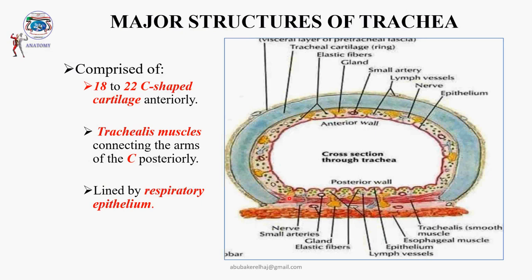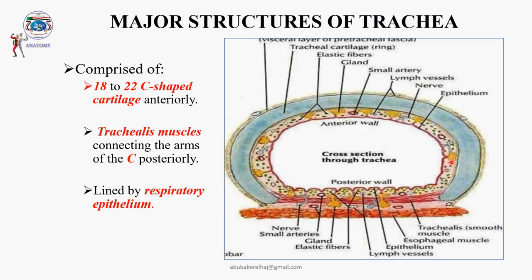The trachealis muscle has a longitudinal course along the posterior aspect, joining the two arms of the C shape of the cartilaginous part. That means it completely closes the C shape into a complete D shape. So this is the outline of the cartilaginous part, or the major structural part of the trachea.